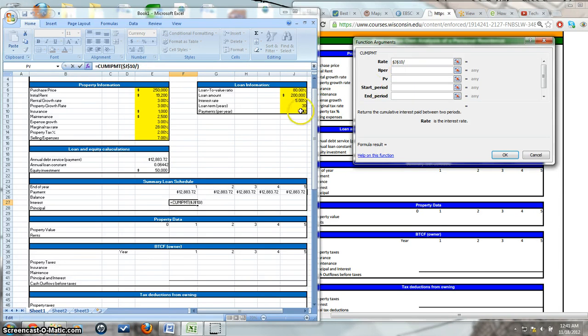I see the 5% that should have been there is not.